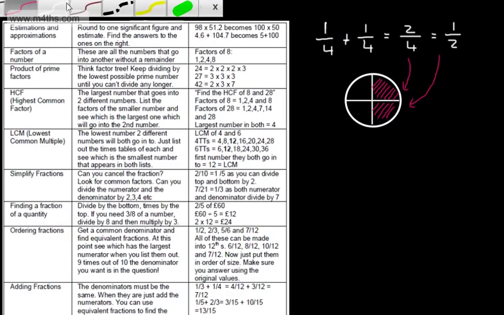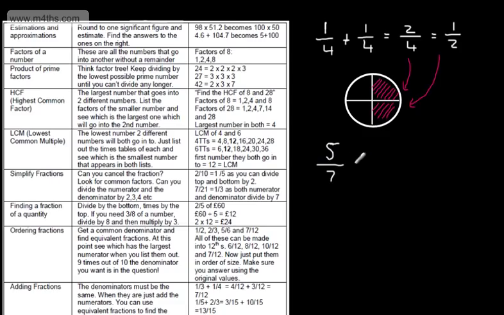So now we'll do adding and subtracting fractions together. Exactly the same, we're just going to be subtracting instead of adding. So if I had 5/7 minus 2/7, then the denominators are the same. We can simply subtract the numerators, which would give me 3/7.